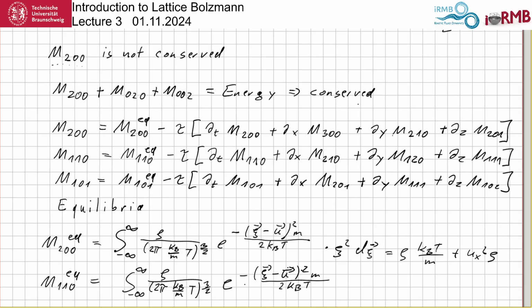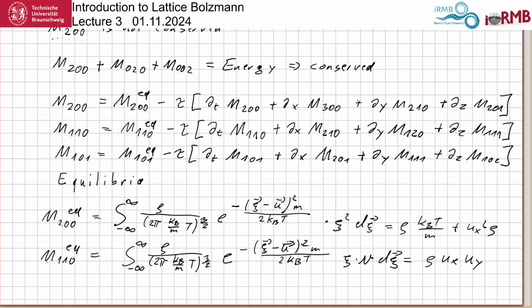Now we integrate once in x, so this is xi, that's a more beautiful xi, times once in y, this is epsilon, and all of this integrated over xi, and the outcome of this is rho ux uy.